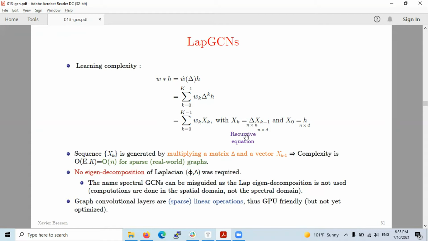they use something called recursive equations. Recursive equations are basically a way of generating orthogonal functions. If someone has done engineering, mathematics, or signal processing, there are popular recursive equations which help in generating orthogonal functions.